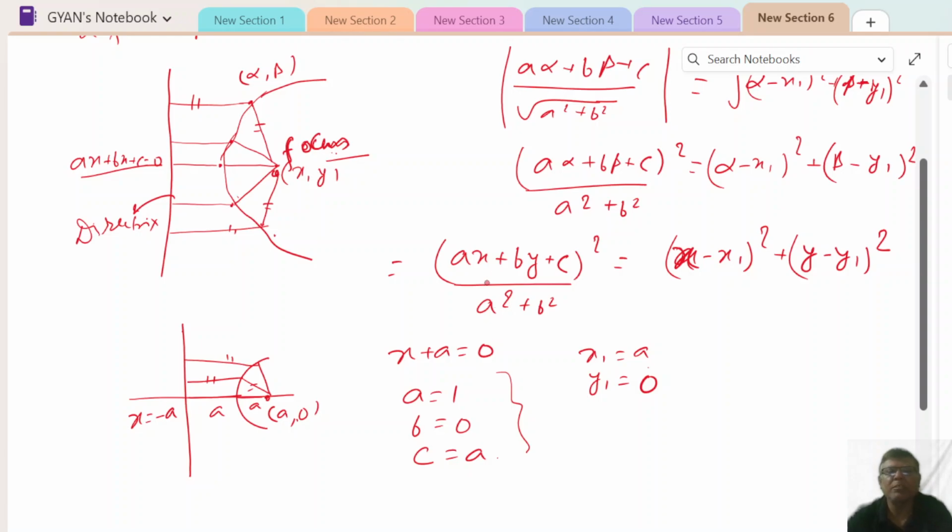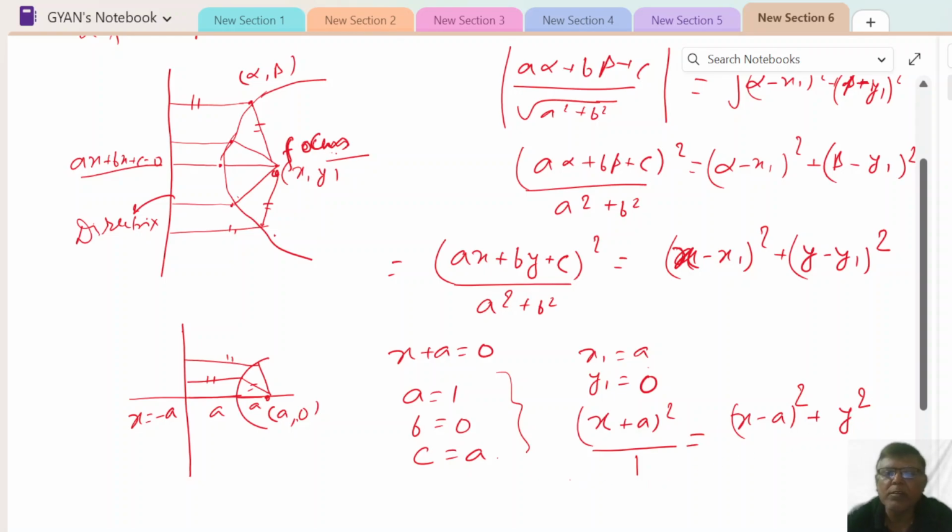Putting these values: (x plus a) the whole square is equal to (x minus a) the whole square plus y square.